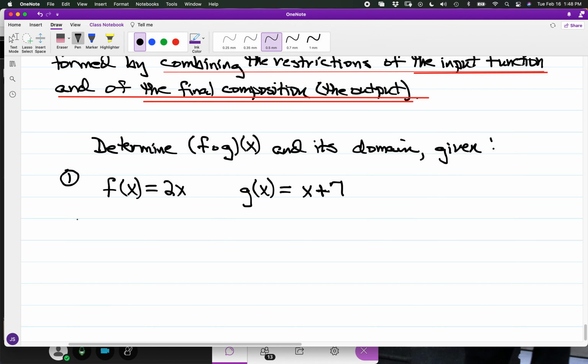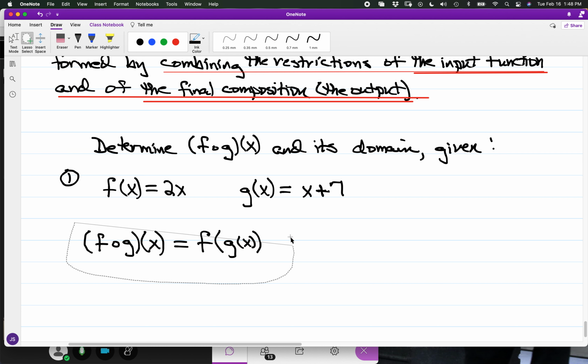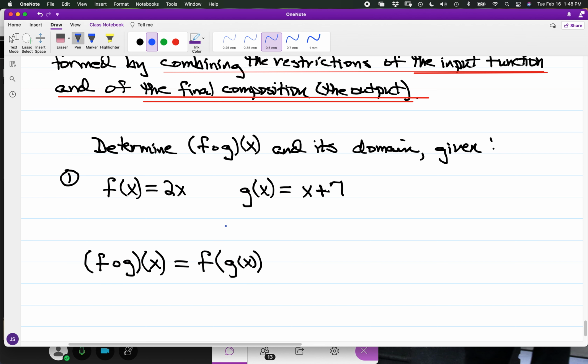So if I look at f composed with g of x, for what we have in terms of following through, you have g of x is equal to x plus 7.